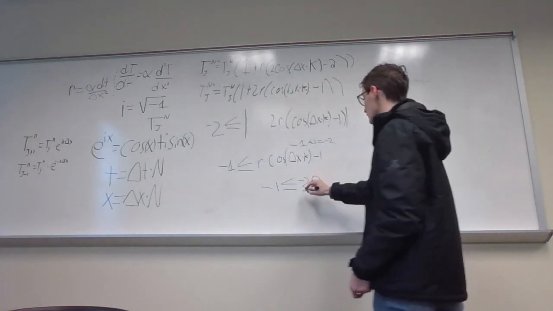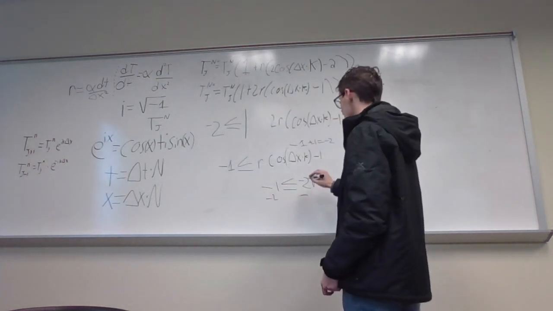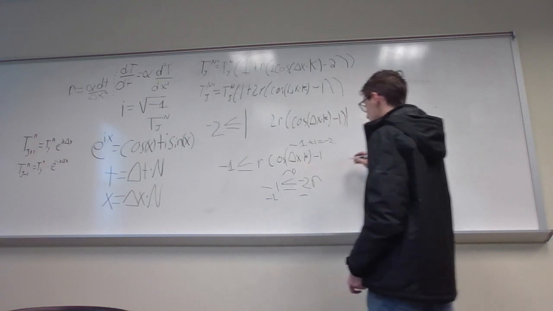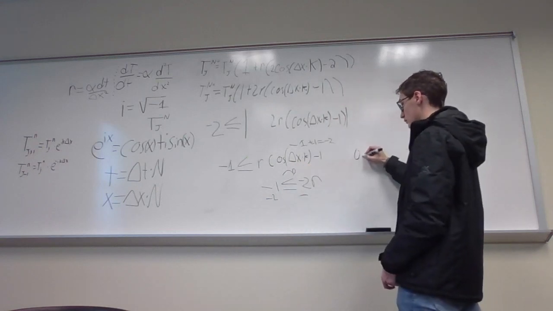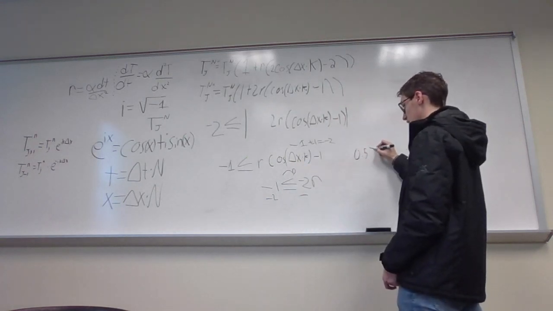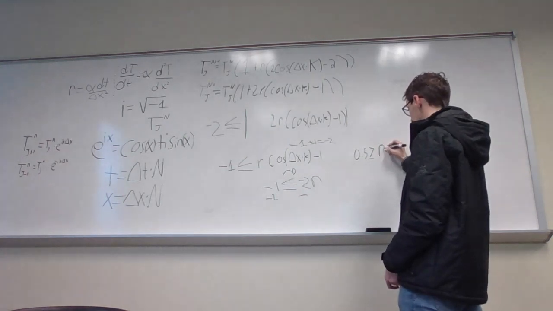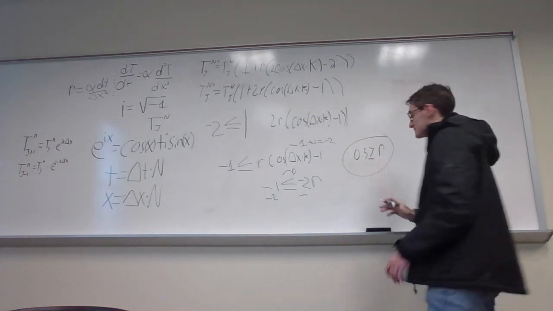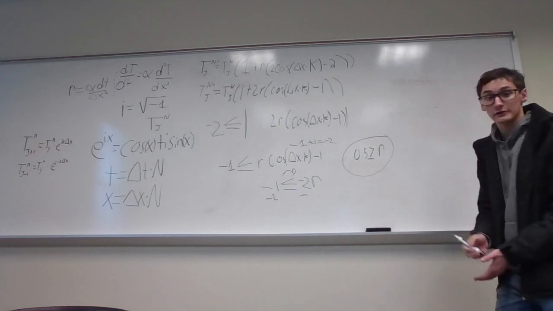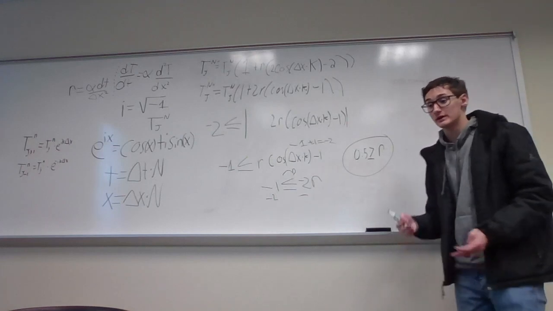And if we divide by negative 2, we also remember we have to flip the sign. So we get 0.5 is greater than or equal to r. So what this is saying is r cannot be greater than 0.5 using the von Neumann analysis.